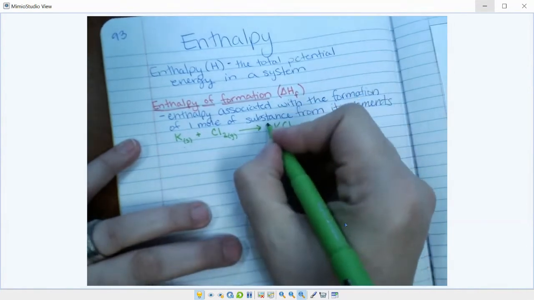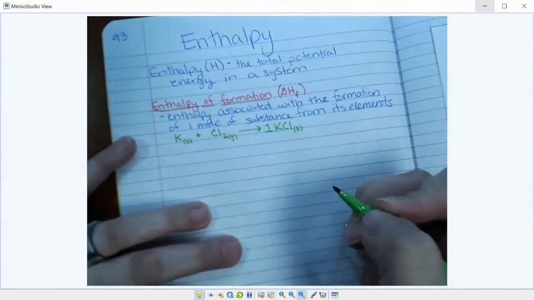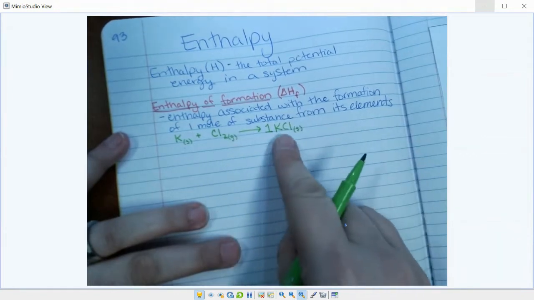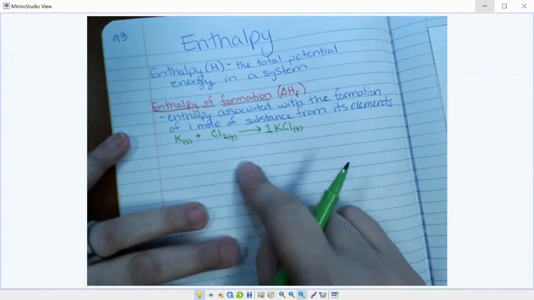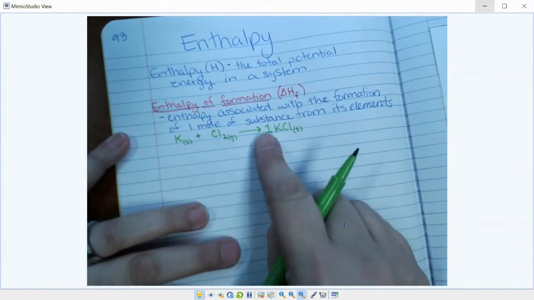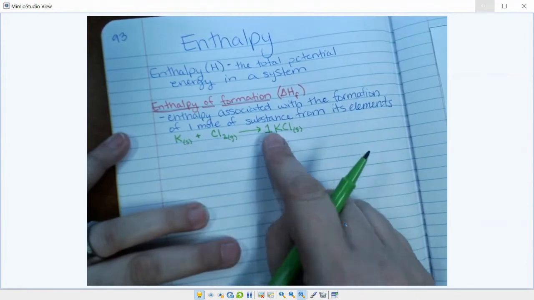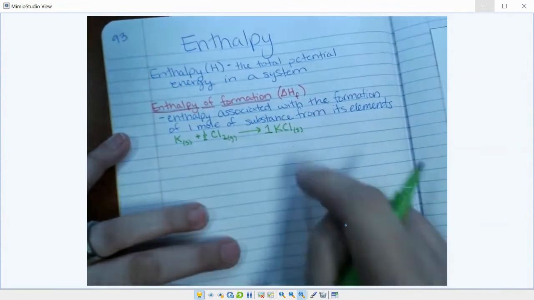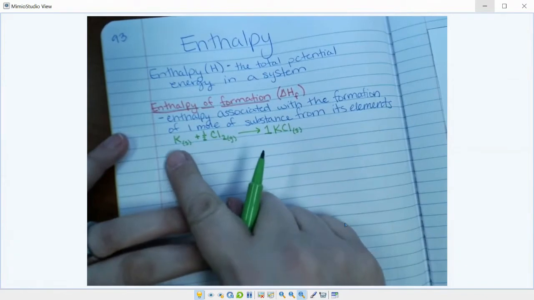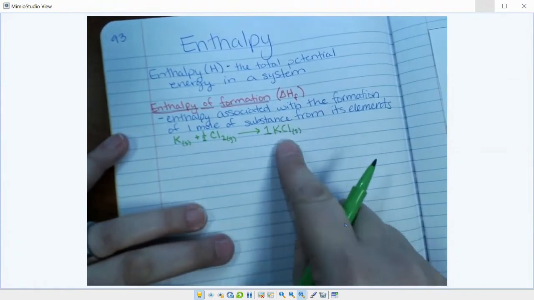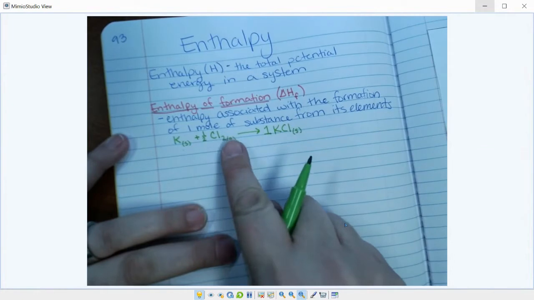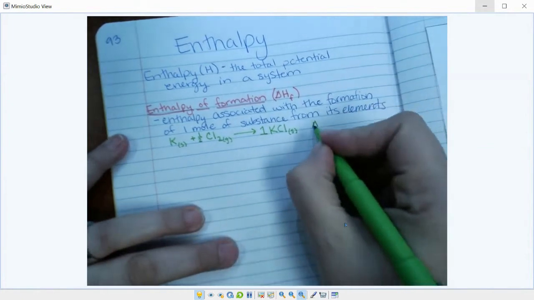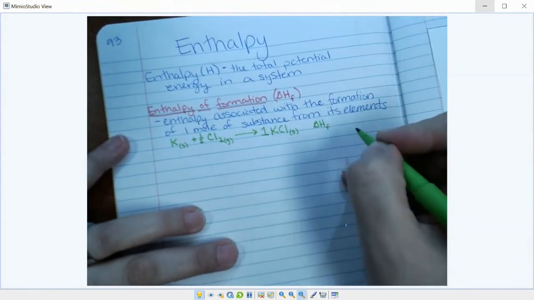So I have to force this coefficient to be 1. And so this is the one and only time where balancing with fractions is going to have to work, because I have to force this to be a 1. So that means this has to be a 1/2 for this to work out. So this is the formation of 1 mole of KCl from its elements, K and Cl2, and there is a certain amount of enthalpy associated with that process happening.